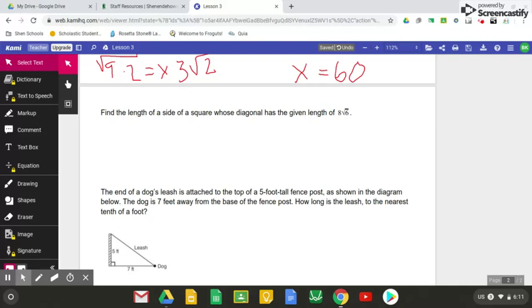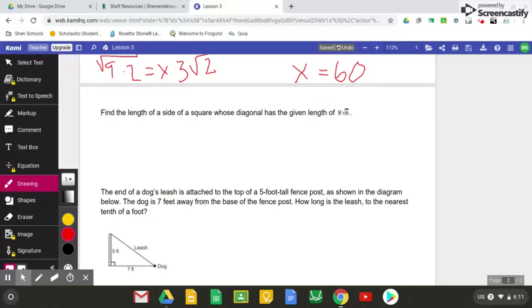All right, so next, let's see. All right, we're going to do this one. Find the length of a side of a square whose diagonal has the given length of 8 radical 6. So I'm going to draw a picture. I got a square. Here's a diagonal. And this diagonal I know is 8 radical 6. A fact about a square that you might remember, if not, that's all right, is that all sides are equal.